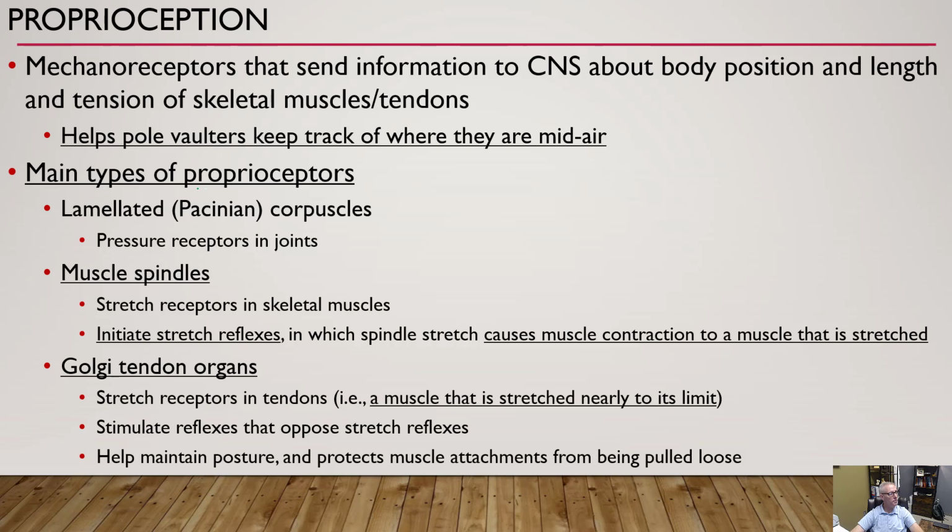We already talked about proprioceptors or proprioception, those lamellated Pacinian corpuscles. Remember Pacinian, pressure. We also have muscle spindles. Muscle spindles are stretch receptors in skeletal muscles.